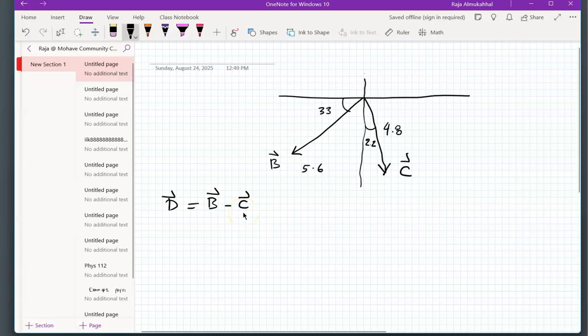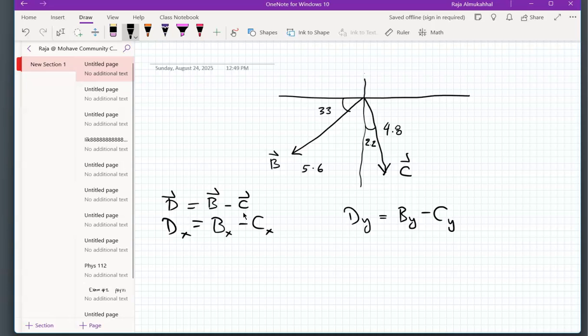So D sub x will be equal to B sub x minus C sub x. These are not vectors, remember, these are components, scalar values. And then D sub y will be equal to B sub y minus C sub y, okay?